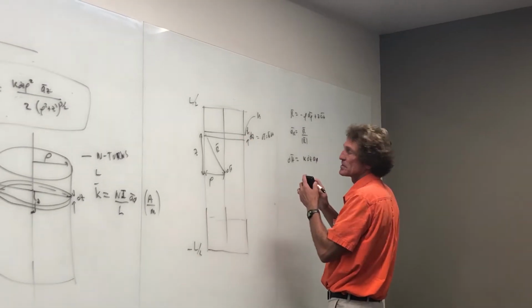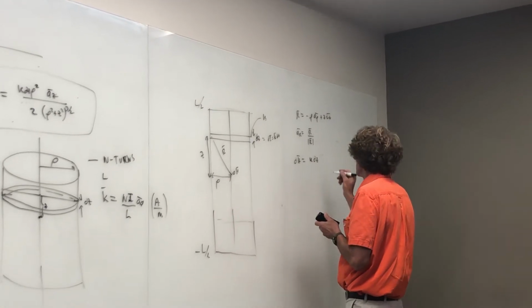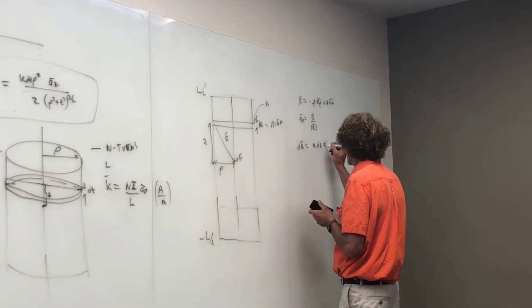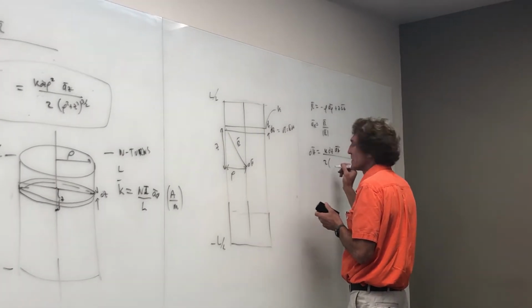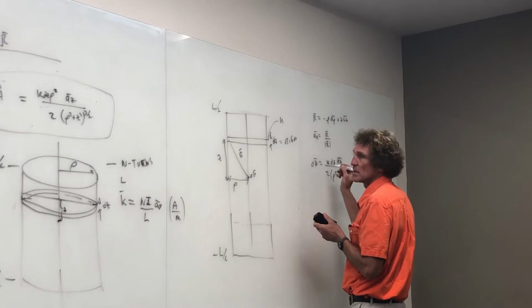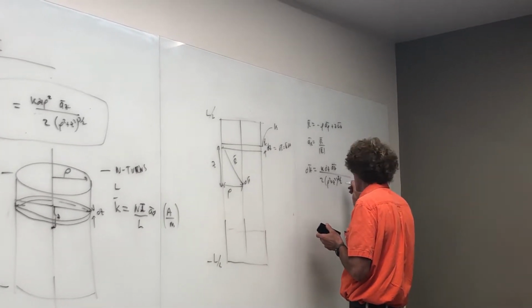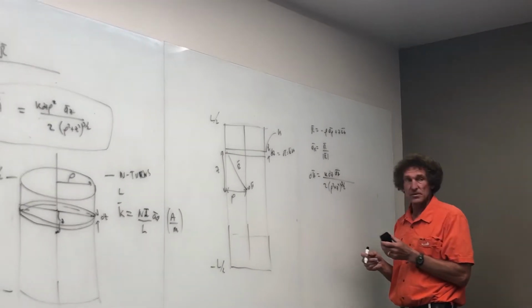Actually, we can just use this and not even bother with the cross product, because that is the final form. And it would be in the a_z direction, rho squared over 2, and then this is rho squared plus Z squared to the 3/2 power. And that's the differential H field. Do you agree with me?